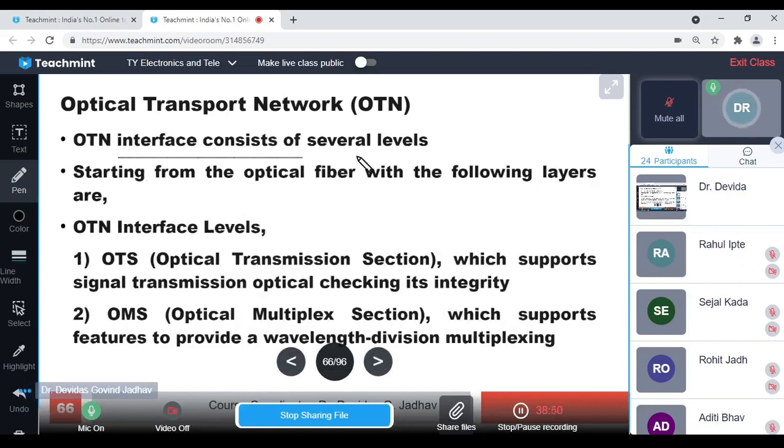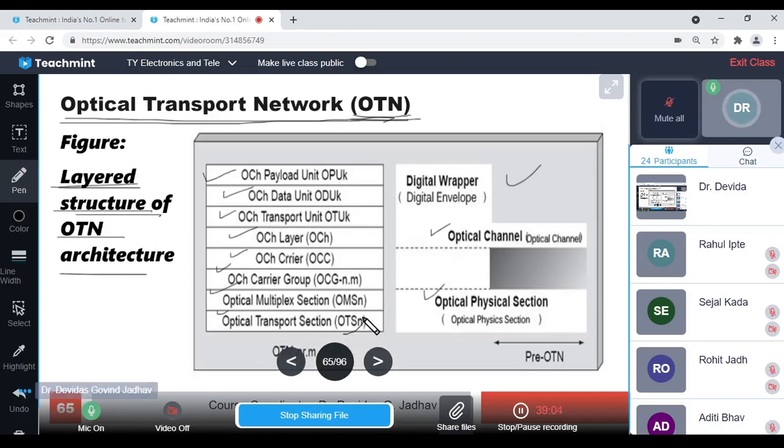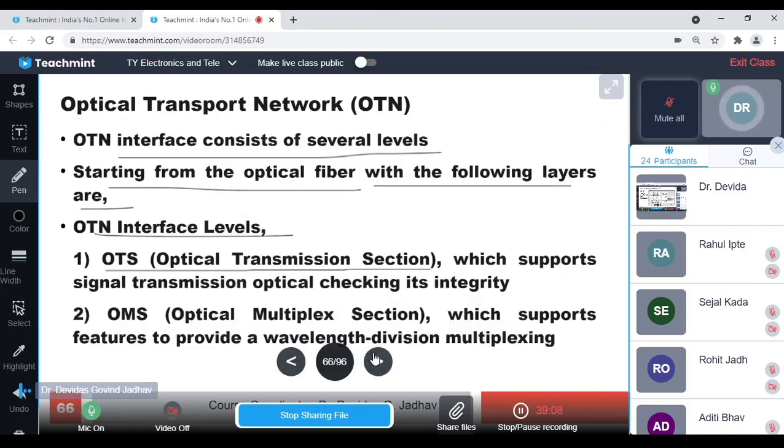The OTN interface consists of several levels, starting from the optical fiber. Following are the OTN interface levels, that is OTS, optical transmission or transport section.